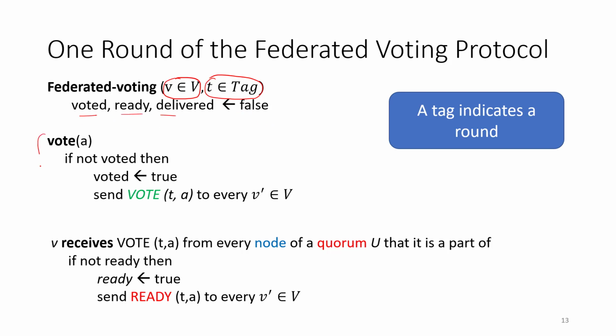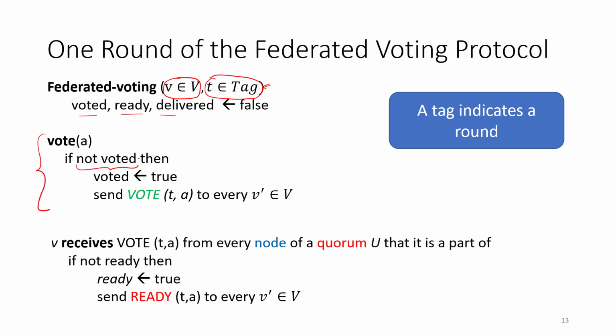So let's start with the vote. If any node wants to vote for a value, it can initiate it. We will see that there are other conditions also, but at least let's say that a node decides to initiate, that it needs to vote for a certain value. For that specific round, for that specific tag actually, if it has not voted, then it will vote only once.